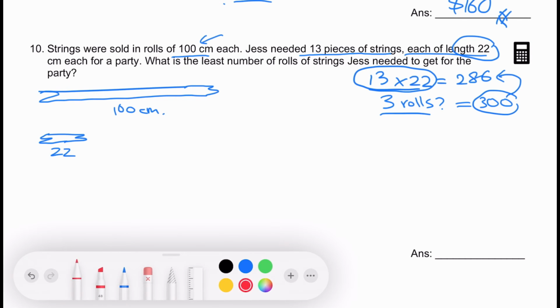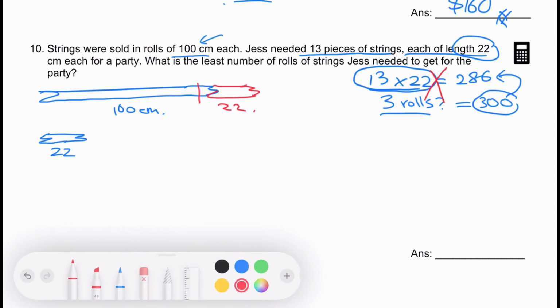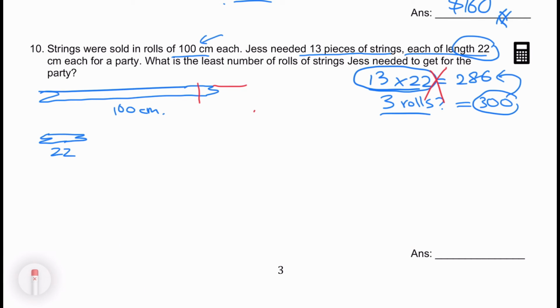This step is actually wrong. Why? Because if I'm adding it up, there will be some broken pieces which I have to join later on with another ribbon to form another 22. But that's not the case. In this case here, Jess cannot cut and join the ribbon together. Am I right? So this part would be incorrect.